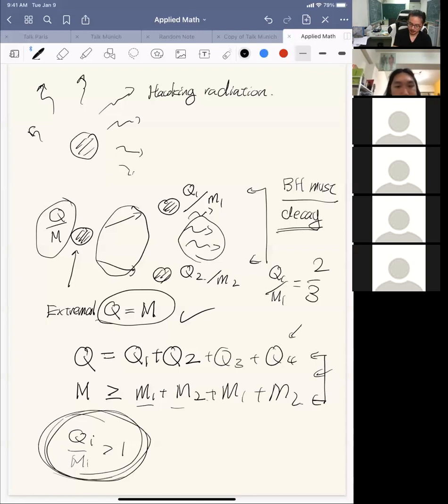Therefore this tells you that Einstein plus Maxwell theory is quantum mechanically incomplete.